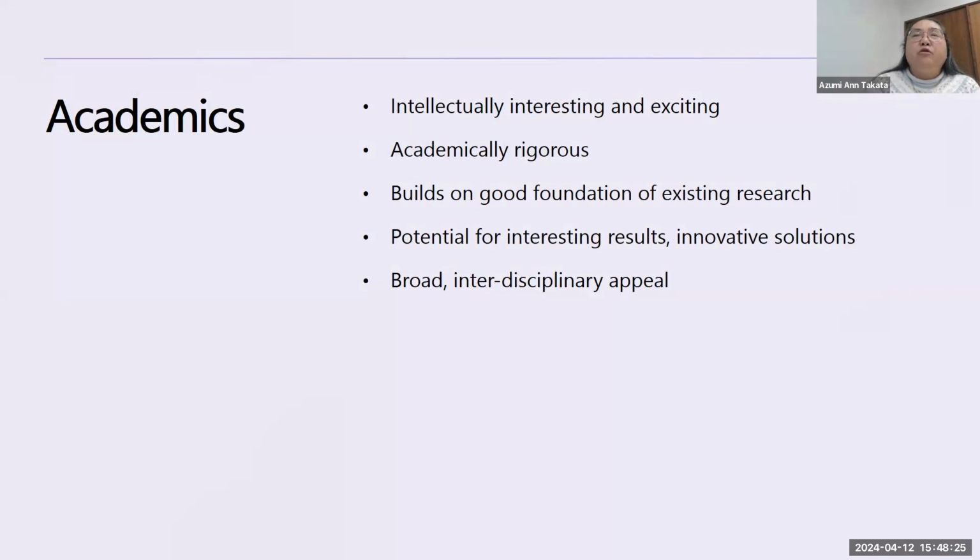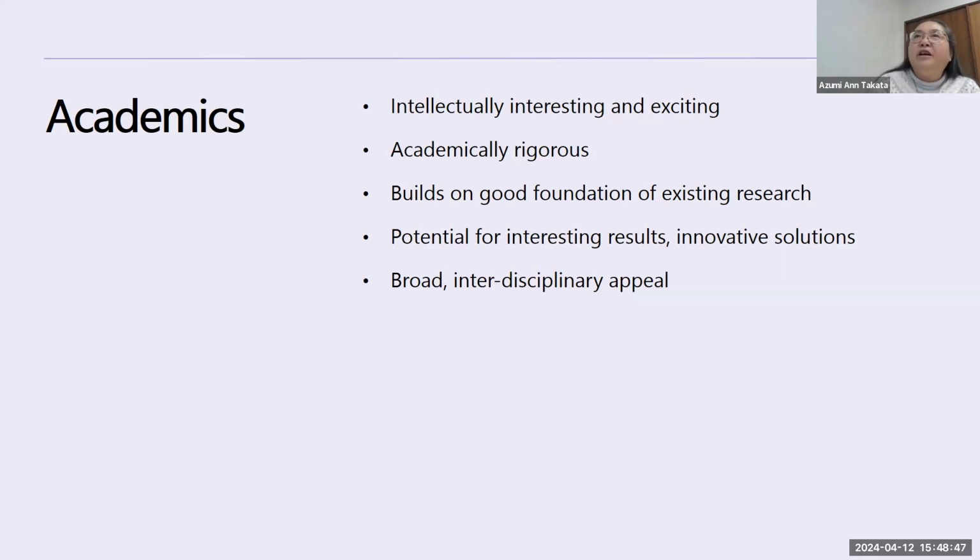Fulbright's goals and interests in terms of academics are the same as any academic. The kinds of things that I've been talking about already, about what it means to have a good research project academically, Fulbright believes in the same kinds of ideas.